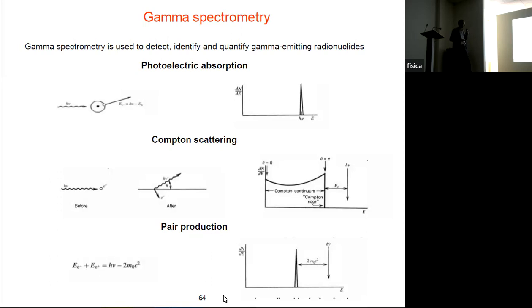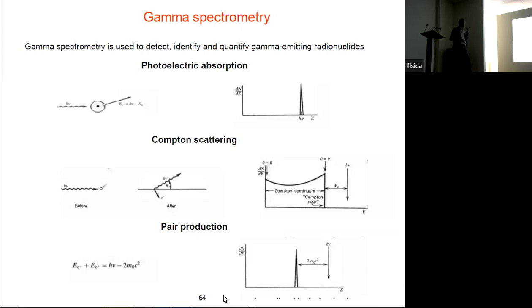I showed you the formula in my previous lectures, that there is some maximum of energy that can be transferred to this electron, which causes ionization. And the maximum of this energy is called the Compton edge. This Compton edge is located somewhere here and corresponds to the angle of scattering equal to 180 degrees.